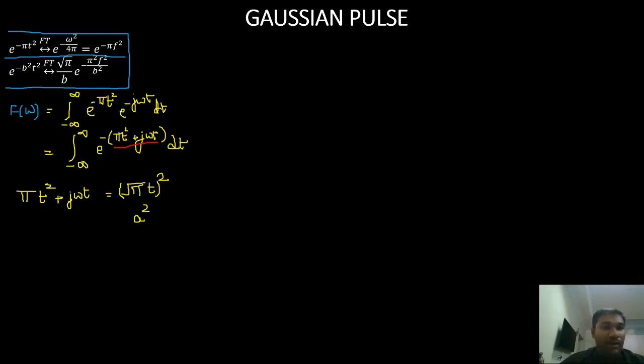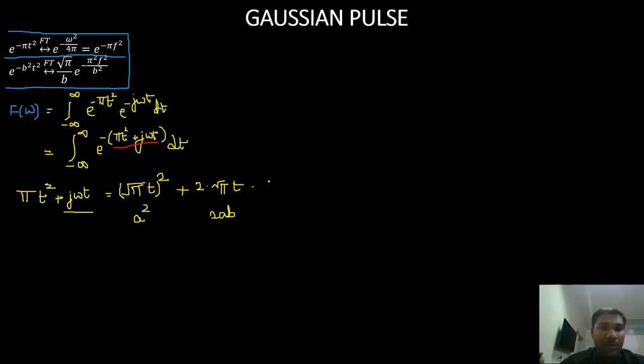Now plus, I'll write it in the 2ab form. So 2 into what is my A? A is root pi t, and I have to find B such that my 2AB term is equal to j omega t.